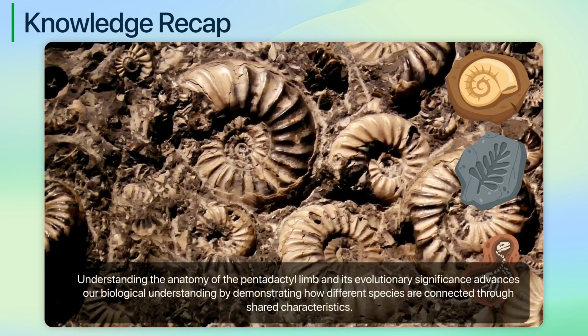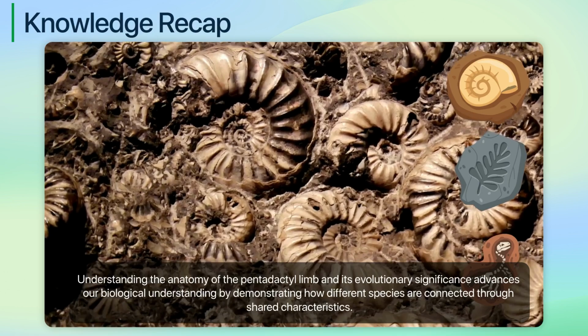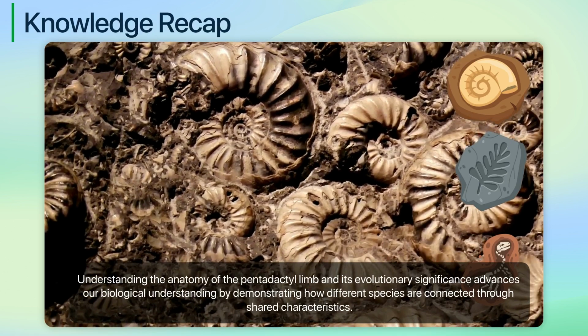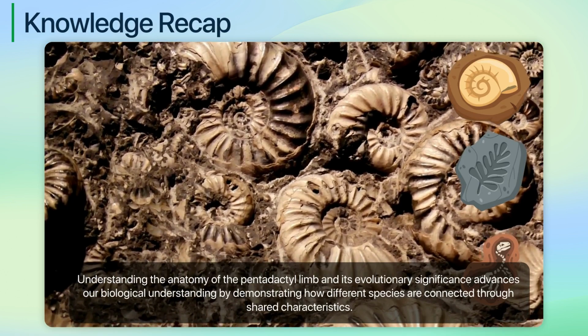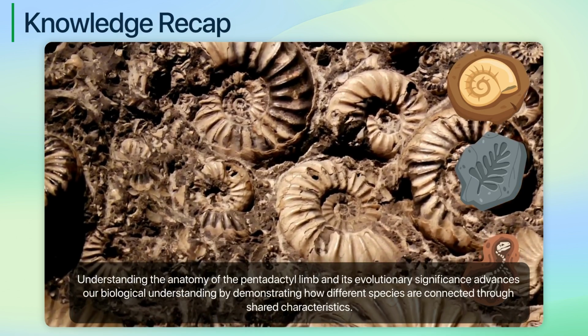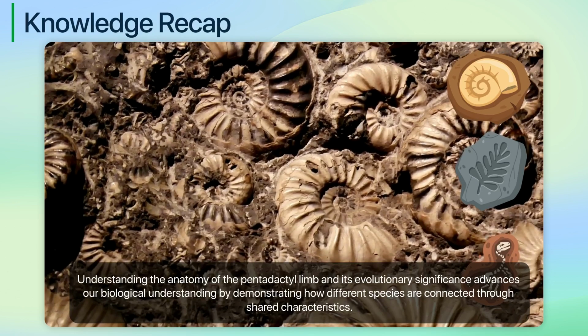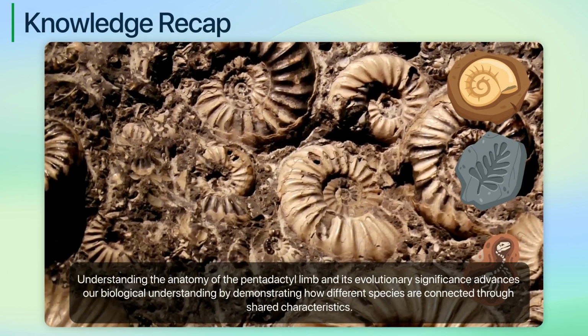Understanding the anatomy of the pentadactyl limb and its evolutionary significance advances our biological understanding by demonstrating how different species are connected through shared characteristics. It highlights how we can find evidence of a common ancestor and the gradual changes that have occurred over time, reinforcing the broader concepts of evolution. Let's get started.